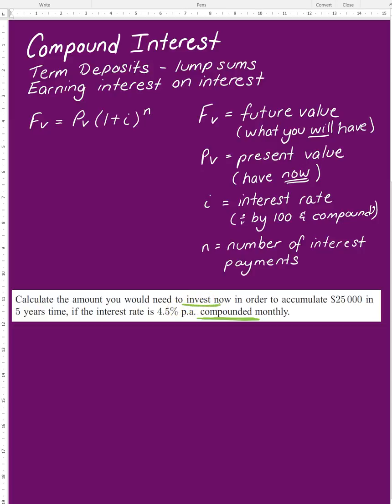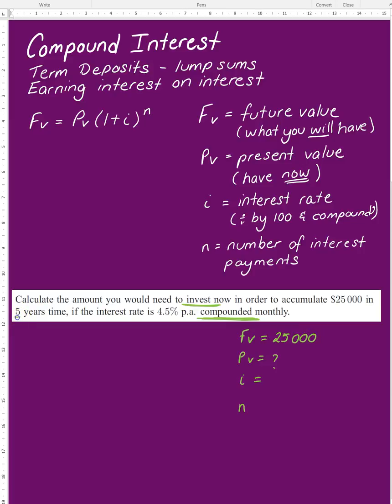So in this case, we're actually trying to find our present value. So if we list down what do we have, future value, present value, I, and N. Okay, so we don't know that. In order to accumulate, so you want to get, all right, 25,000, you want that in the future. So that means our future value is 25,000.